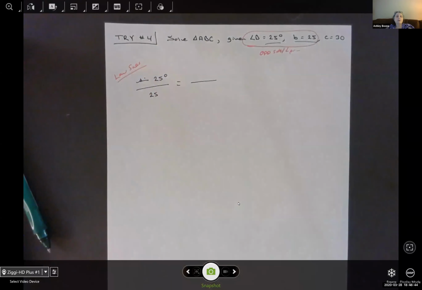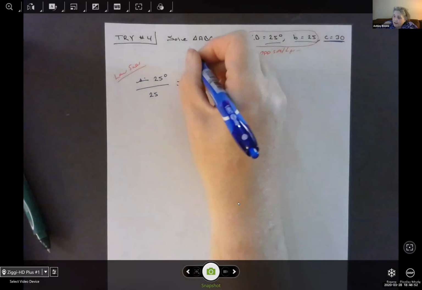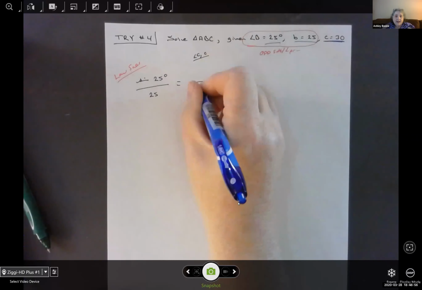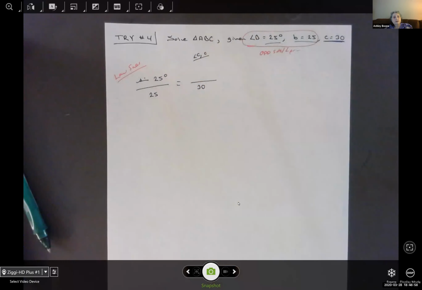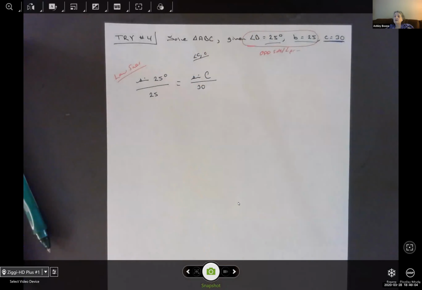What other information do we have than angle B and side B? We have side C. I know side C is 30. I did sides in the denominator, so my numerator for that would be the sine of angle C. I don't know angle C, so I'm going to use law of sines to get it.